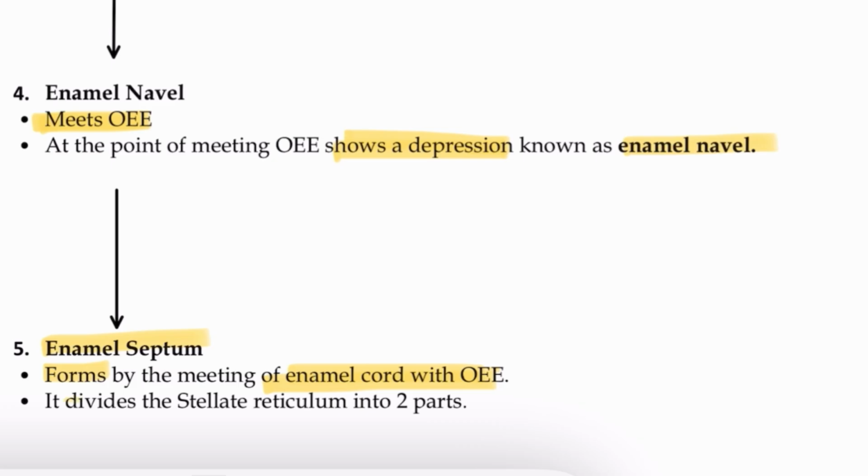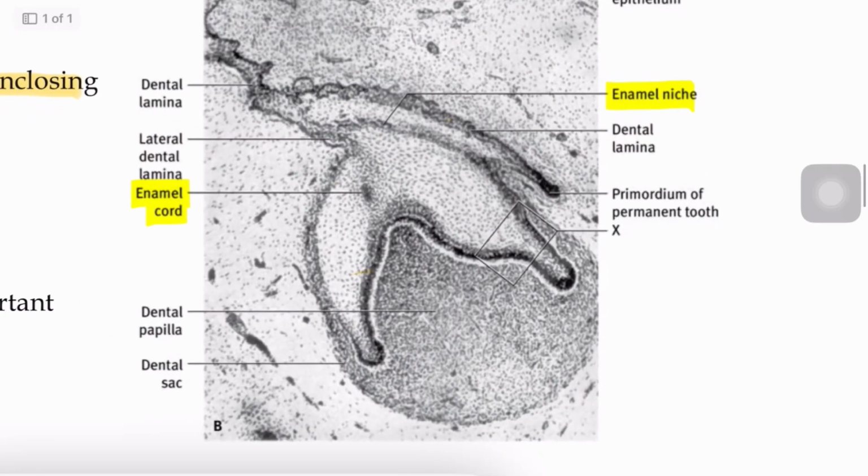Now, how to remember this, which is the most important question. Okay, so diagram. This is the enamel niche and this is the enamel cord, in the center, the vertical extension of the enamel knot.